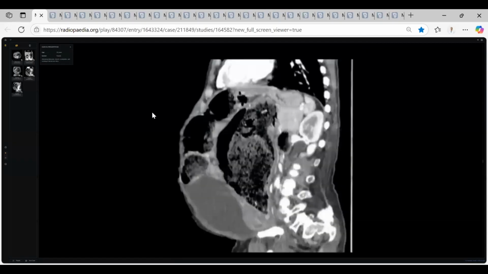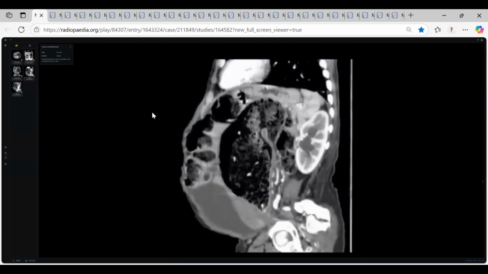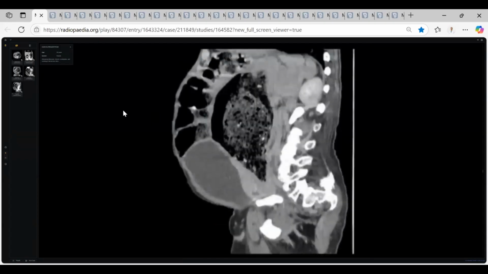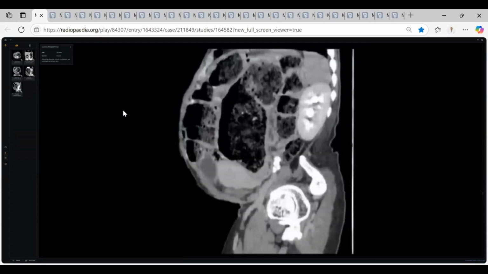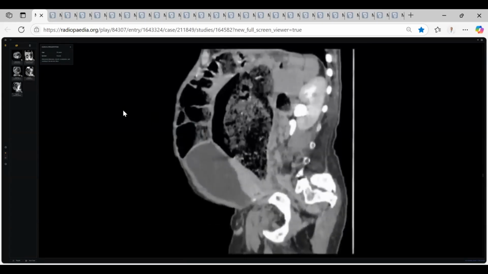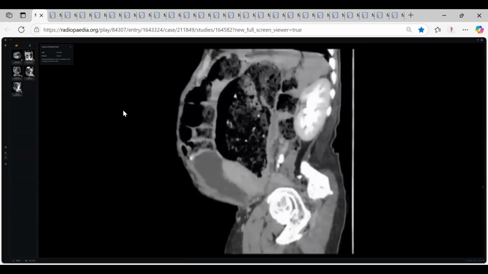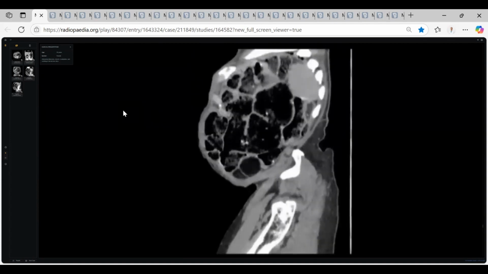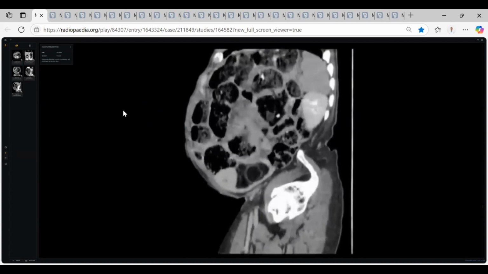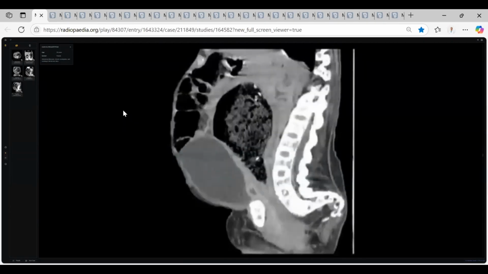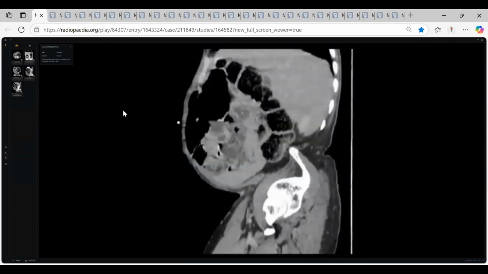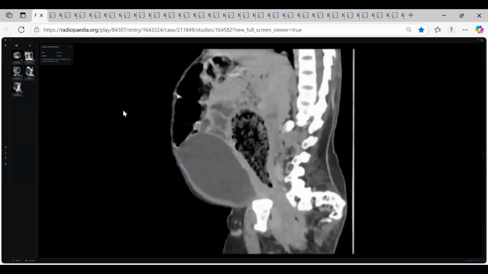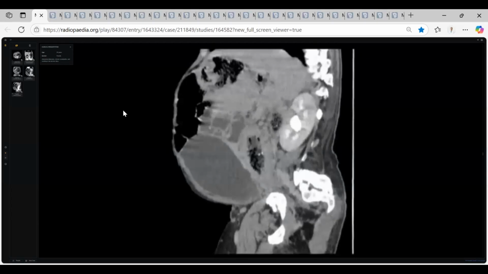However, here in the delayed phase I could detect good excretion, with at least moderate hydronephrosis. So this is adult Hirschsprung disease associated with ankylosing spondylitis. The Hirschsprung disease is complicated by bilateral hydronephrosis.